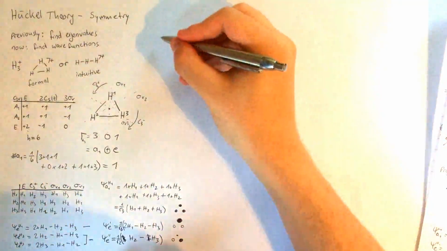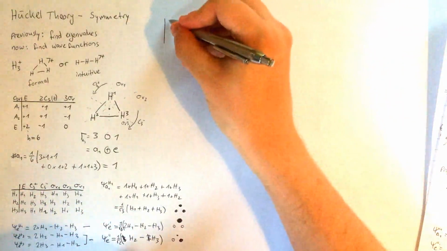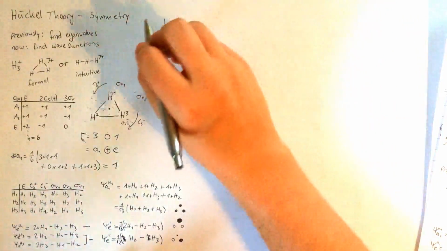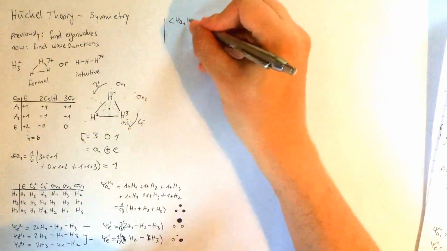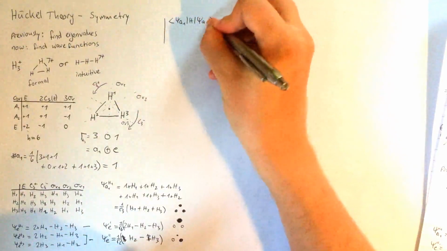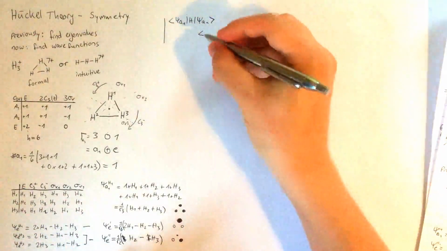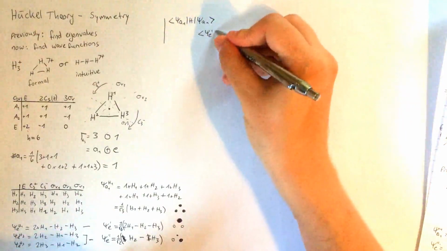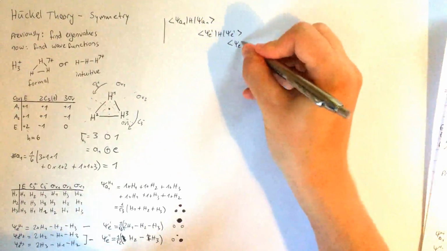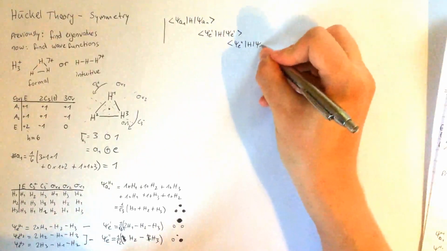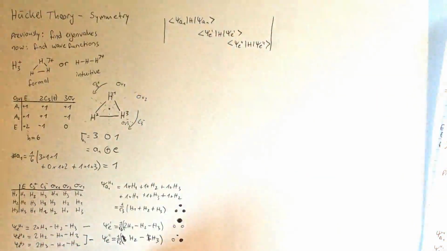So now, if I solve the determinant, generally speaking, the matrix elements look like this. Wave function of example A1, H, A1, and then here on the diagonal, it's always the same left and right: wave function E1, H, E1, and E2, H, E2. So what about the off-diagonal terms?